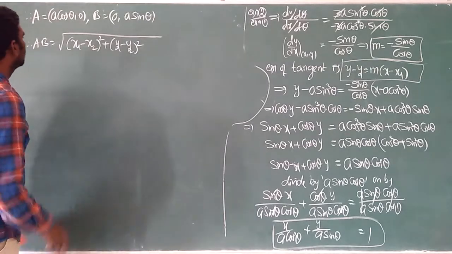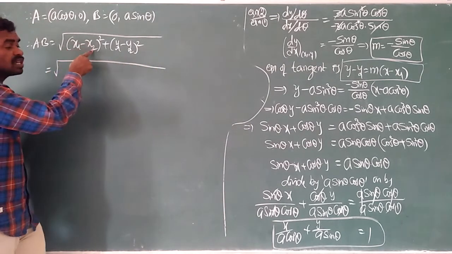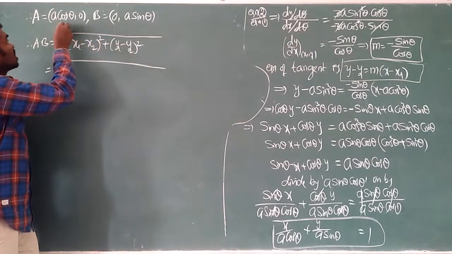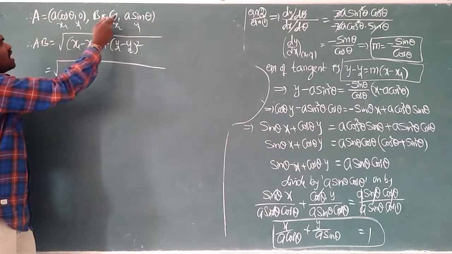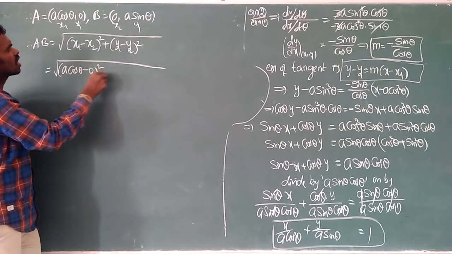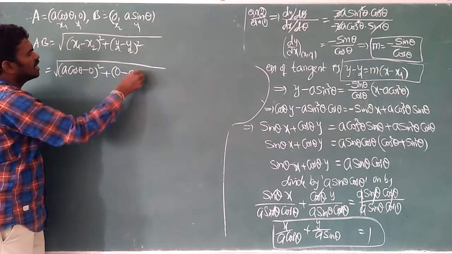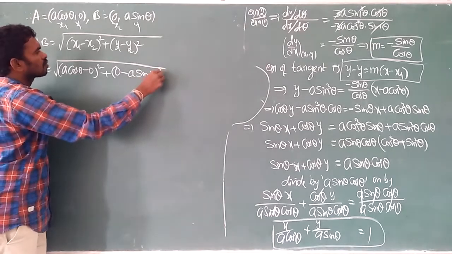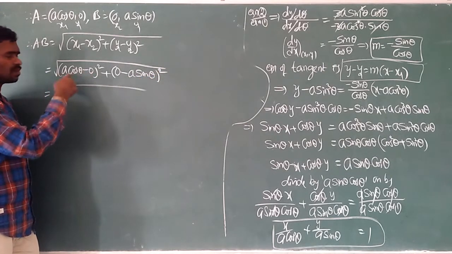Okay. It is equal to root of, here x1, x2 mean what, y1, y2 mean what. x1, x2 means this point x1, y1 and x2, y2. So tell me, x1 minus x2 means A cos theta minus 0 whole square plus y1, y1 means 0, minus y2, y2 means A sin theta, whole square. So which is equal to something minus 0, something only.